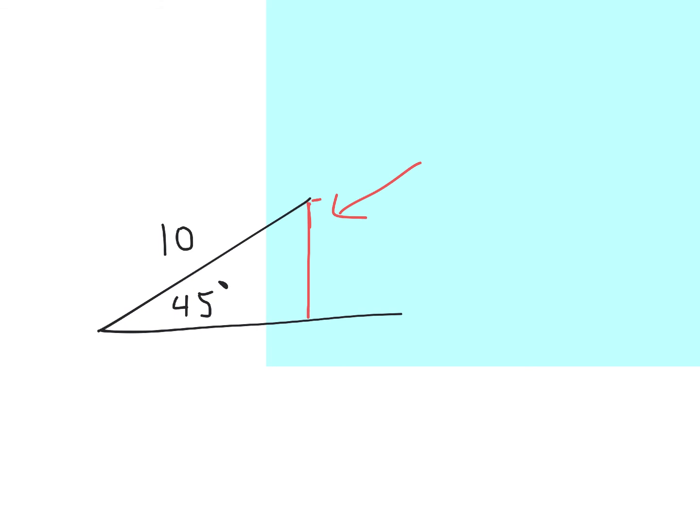If it's a right triangle, you have three things. You have a 90, a 45, and the length of 10. You can figure out this red side. I'm going to use sine of 45 is equal to question mark over 10. Times both sides by 10. 10 sine 45.